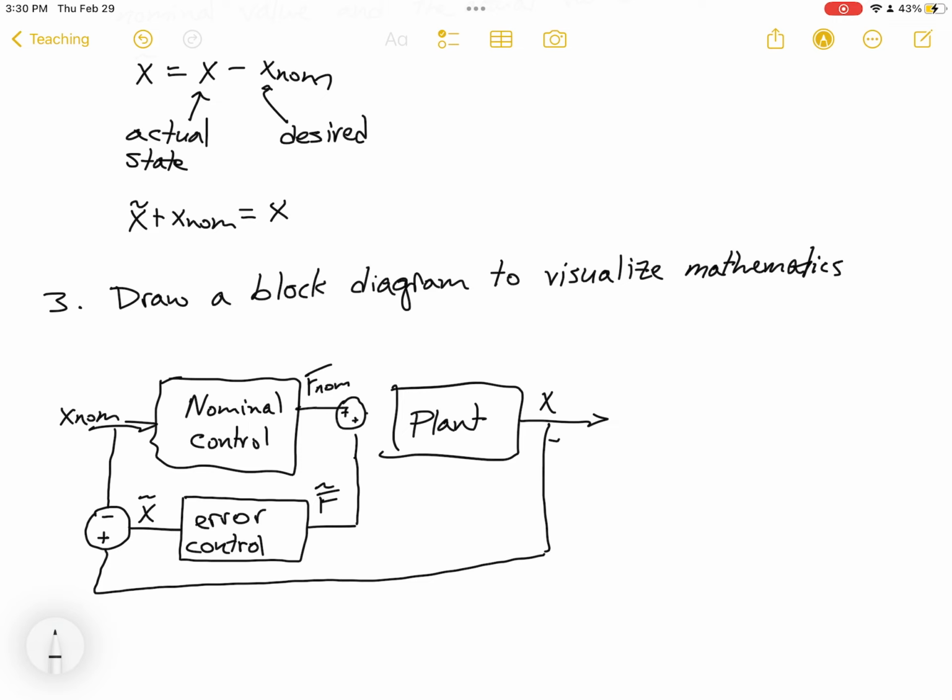So F nominal plus F tilde is the total force that goes into the plant. I'll call this F total. And so this becomes a closed loop system because the output is connected back through this loop, through this signal, back to the nominal. And when we're choosing our force, we have information about what the system is actually doing. And this is how we're able to get disturbance rejection. And so I'll cover step 4 and do an example in the next video.